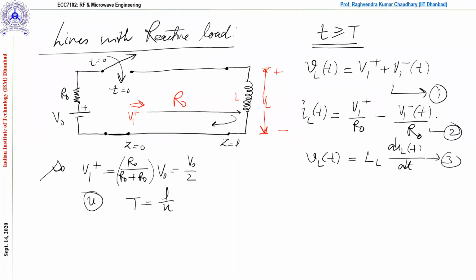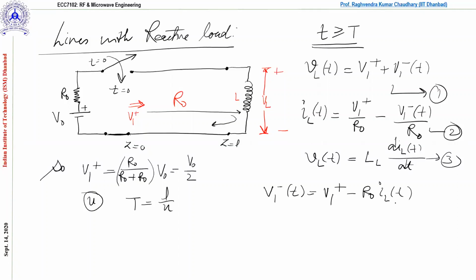We can do some reordering or rearrangement here, and we can reach a very important conclusion. Fine. If I write V1 minus as a function of time in terms of V1 plus, R0 and IL, definitely we can do that. So this will be V1 plus minus R0 IL as a function of time.